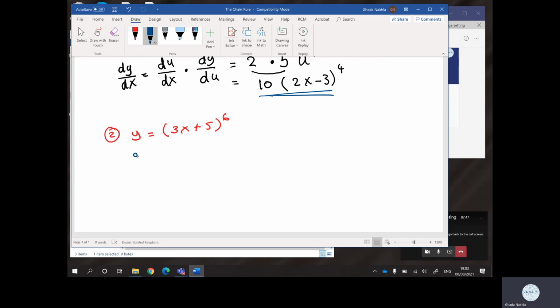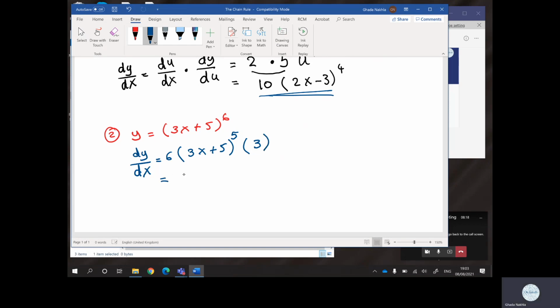So dy by dx, and with the quick chain rule, you drop the 6 down there, bracket, 3x plus 5, decrease the power of the bracket, so 6 minus 1 is 5, to the power of 5, and then differentiate the bracket. 3x differentiates to 3, plus 5 differentiates to 0.